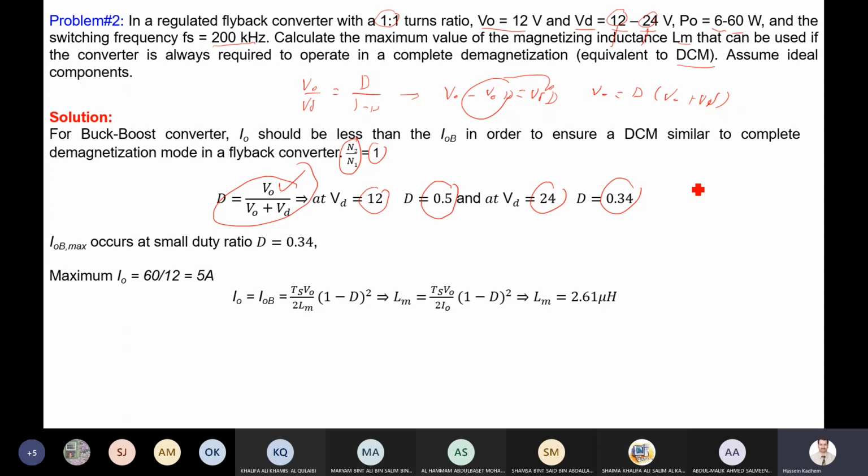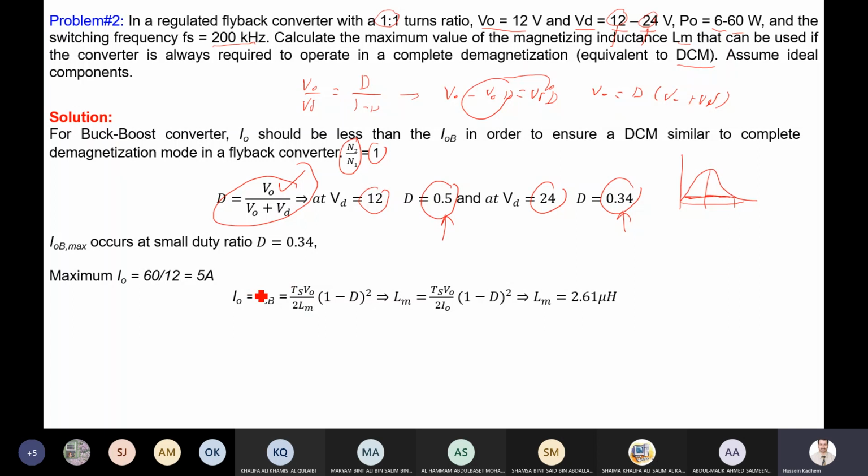Now, if you remember, we discussed this in the buck-boost converter. We said that we get discontinuity at low duty cycle, so the duty cycle to use is 0.34, not 0.5.